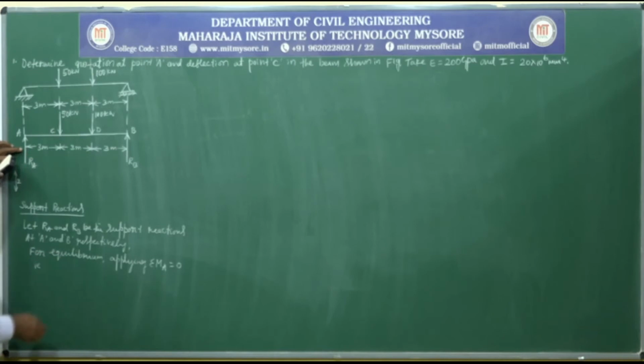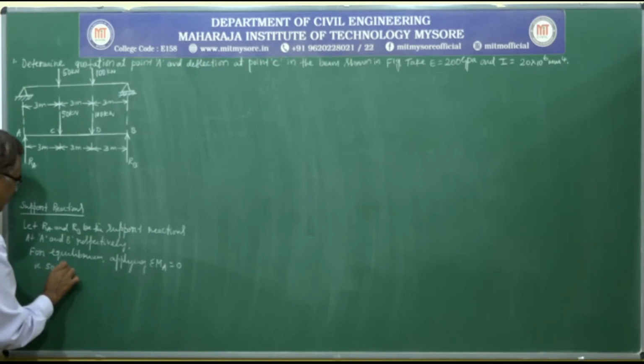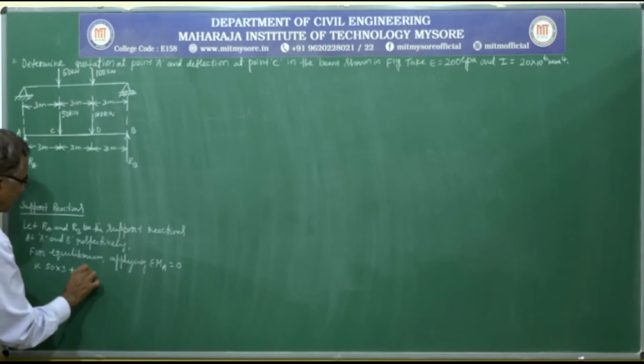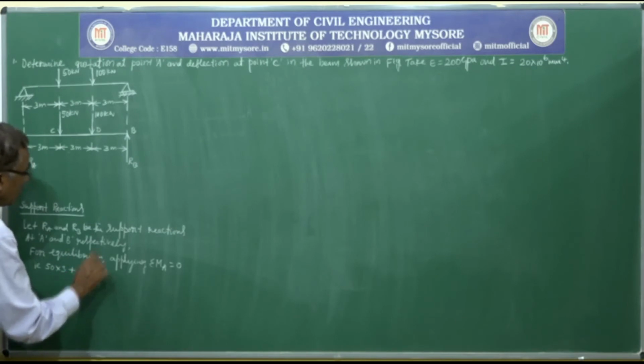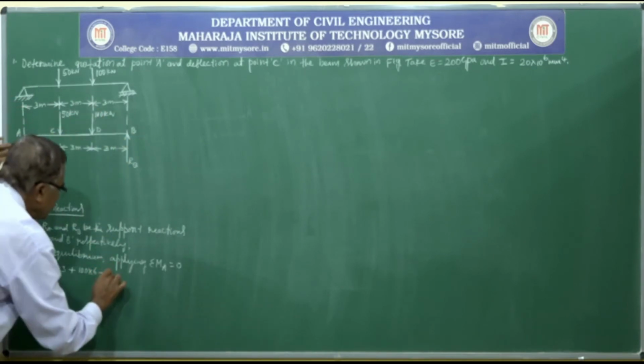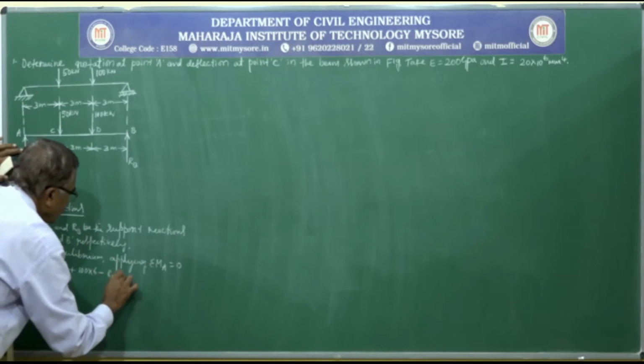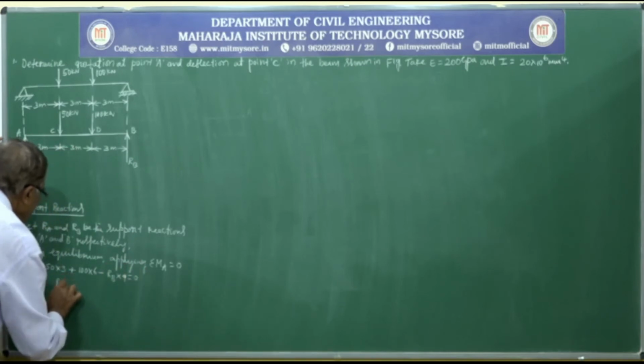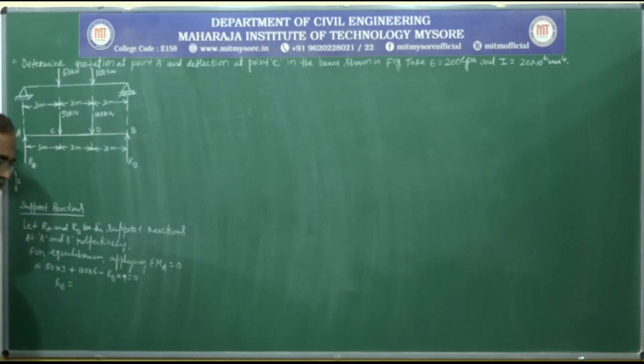So moment due to RA becomes 0, here we are not writing that one. So 50 and 100 kN will create a clockwise moment: 50 into 3 plus 100 into 6 minus RB into 9 is equal to 0. So if you solve this, we will get the RB.